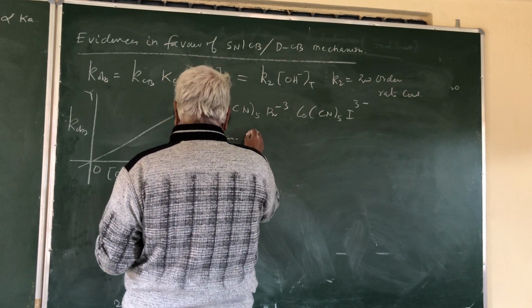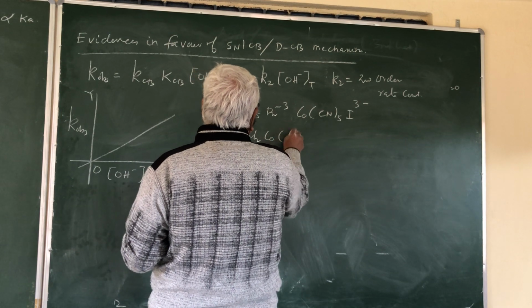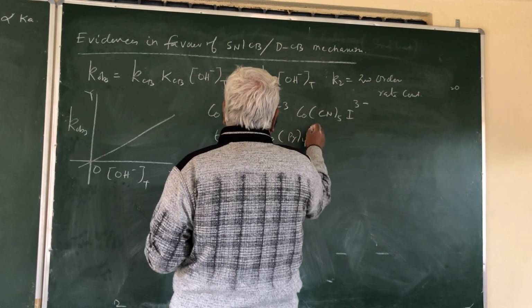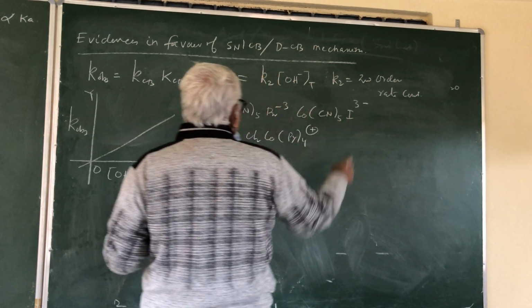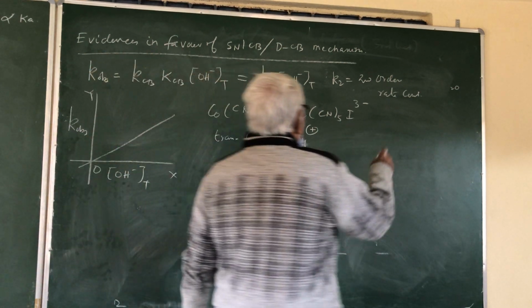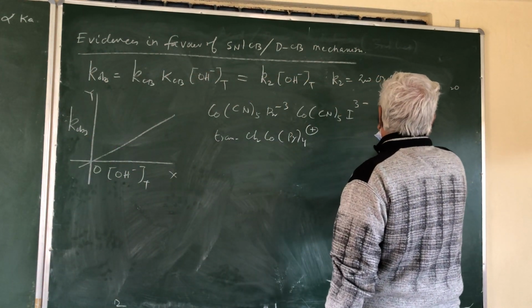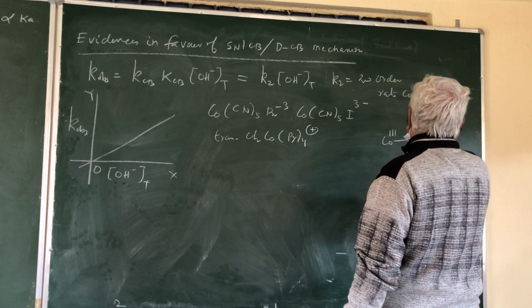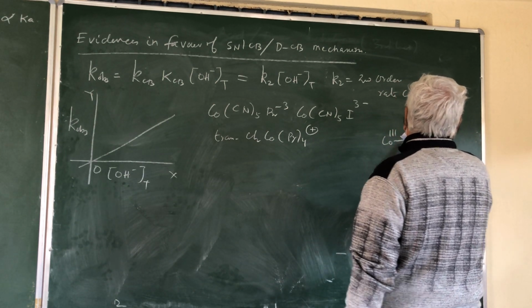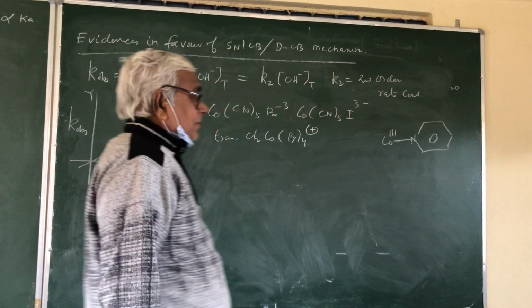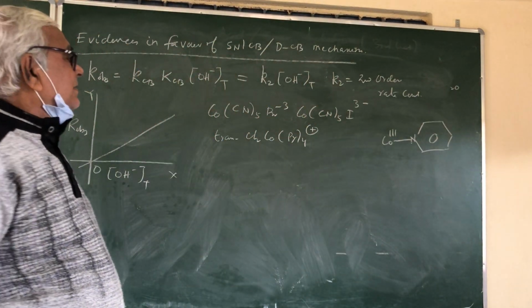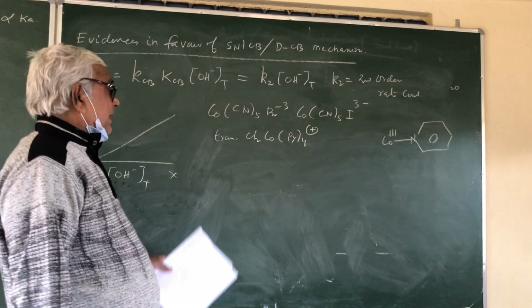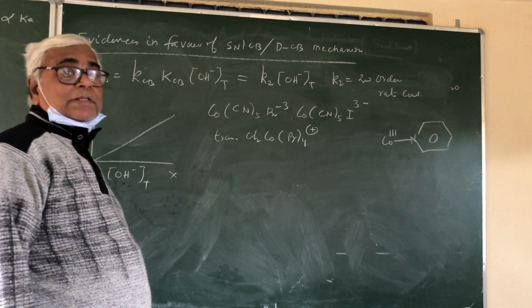the trans dichloro-Co-pyridine series. In this type of complexes, when the cobalt center is bonded to pyridine, there is no NH proton. So for these complexes, conjugate base formation is not possible.